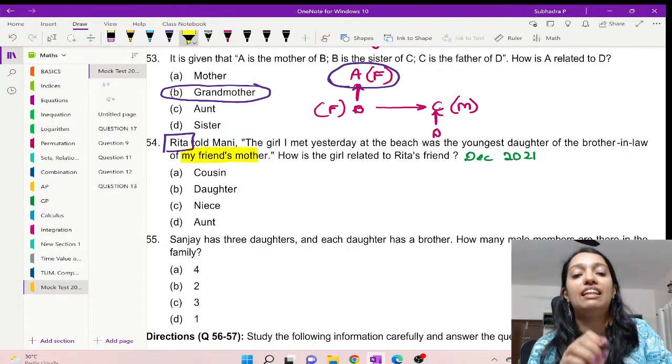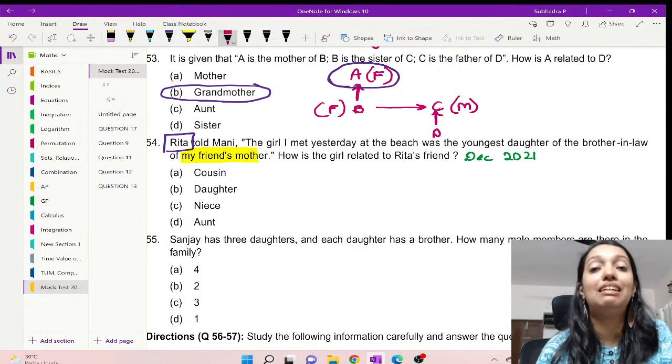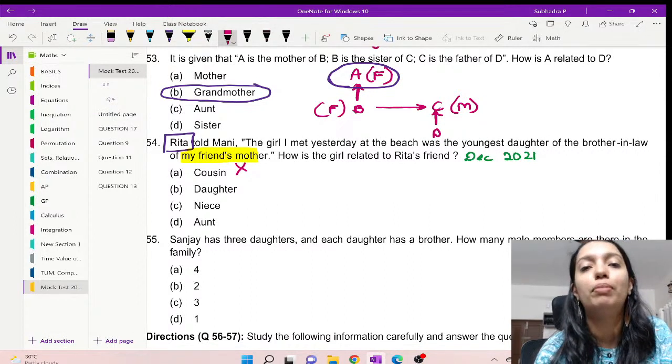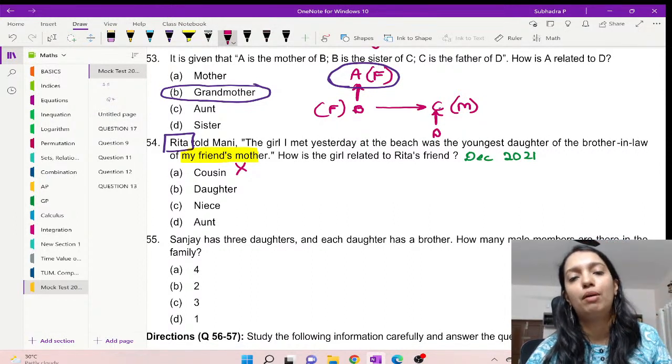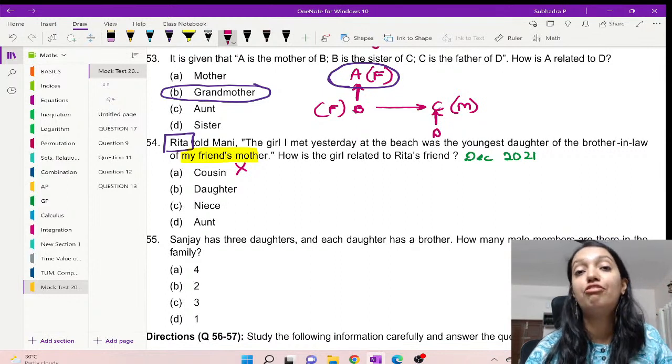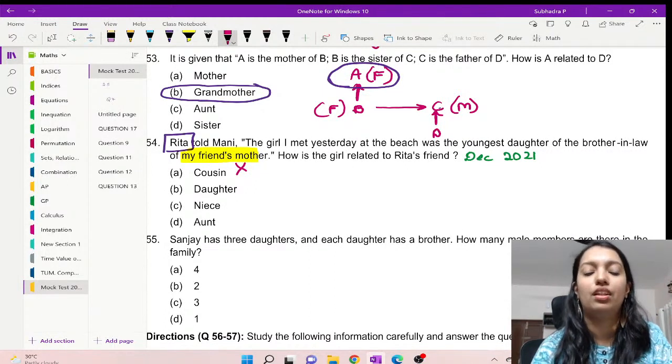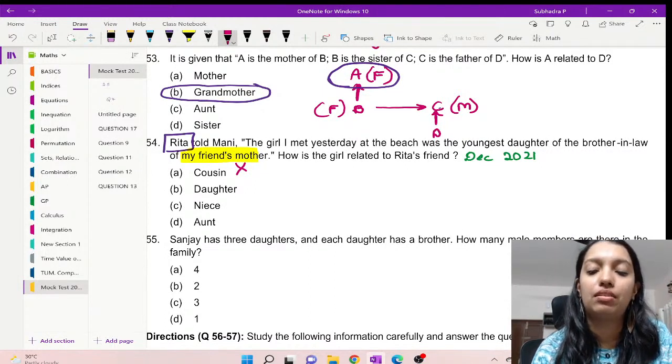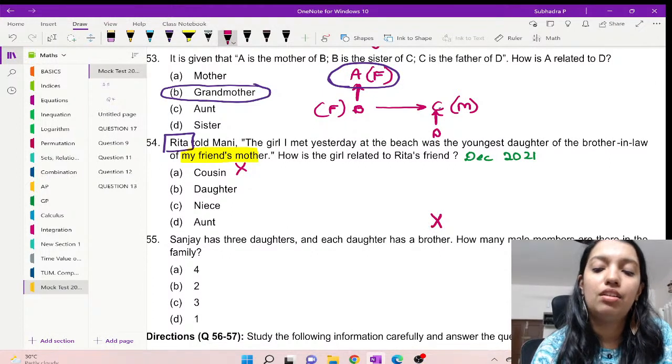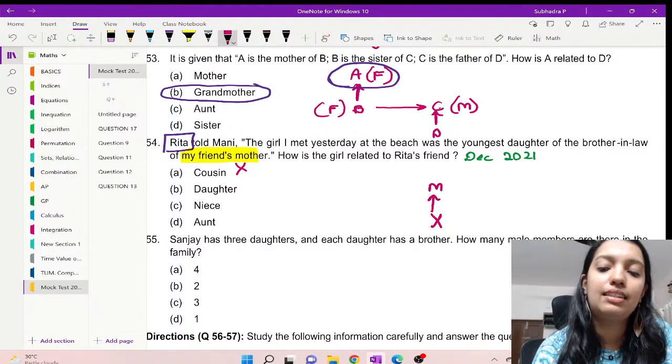Whose friend? Rita's friend. Let's assume that Rita's friend is X. That will make our life very simple. Otherwise, this question is a little complicated. This question is picked from the December 2021 CA Foundation examination. Now, my friend's mother. My friend is X. We are speaking about X's mother.